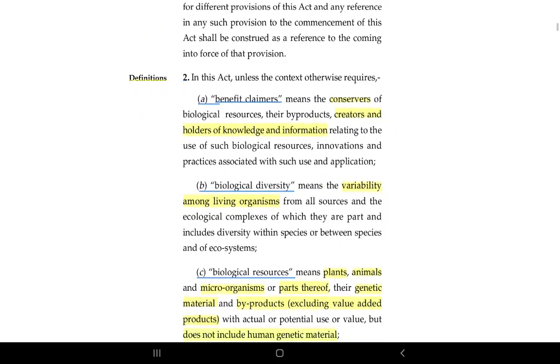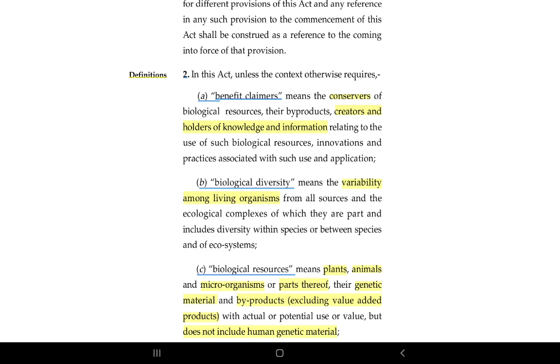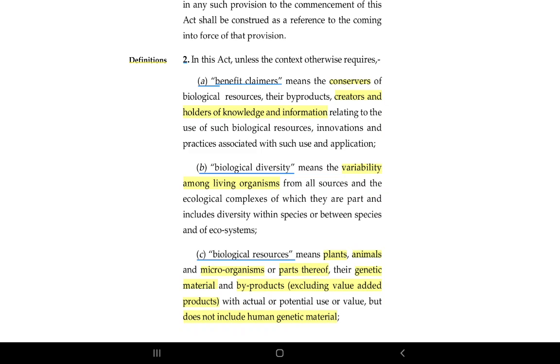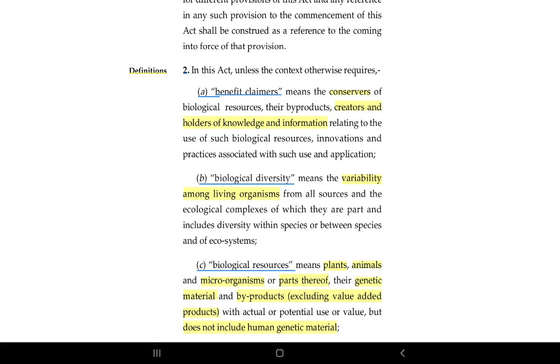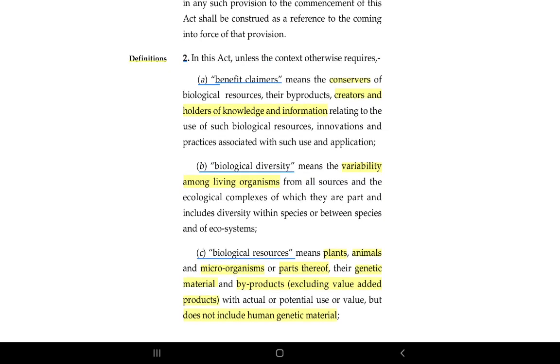Now, various definitions are considered. Why definitions? A couple of reasons. One reason is to avoid any sort of confusion, ambiguity, or misinterpretation. They're trying to make us understand what you have to interpret by a particular term.